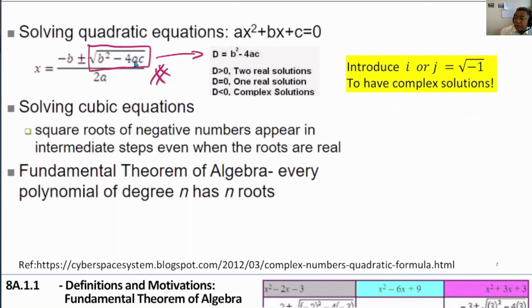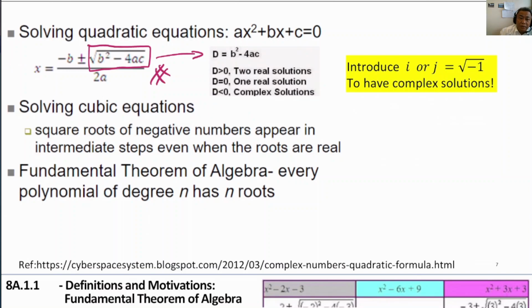When b squared minus 4ac equals 0, we only have one real solution, because it's minus b plus or minus 0 divided by 2a. Now when b squared minus 4ac is negative, then we have a complex solution. This is what we know from high school, and we are using this.